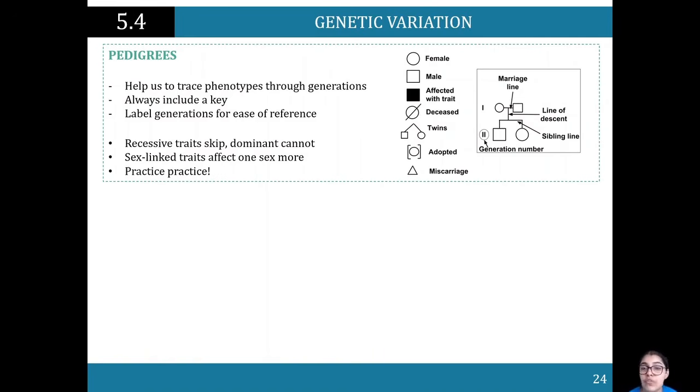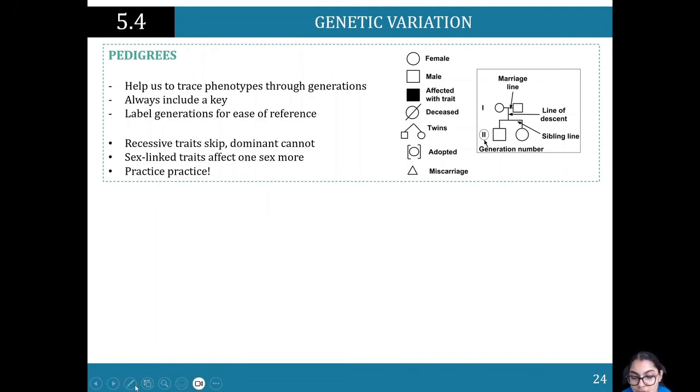It's not possible for dominant traits to skip a generation, and that is because if it's a dominant trait, if it's homozygous dominant, then we know that the trait is going to be a phenotype. But even if we have heterozygous, we know the dominant is going to win because the dominant will be expressed.